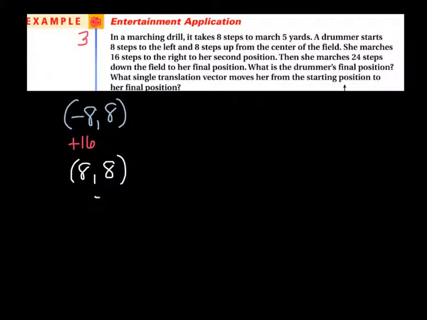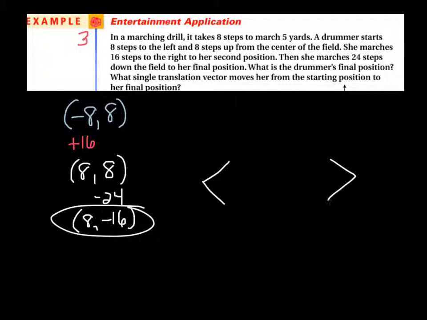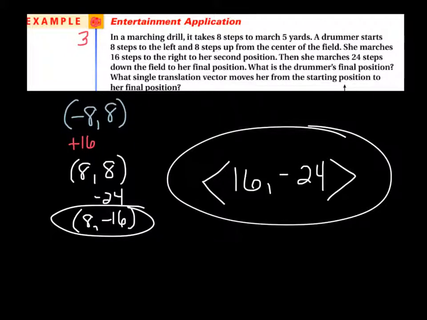That's a change in y, so we subtract 24 from the 8 in the y coordinate. That gives us her final position, which is 8, -16. The second step says to find the single translation vector that moves her from the starting point to the final position. Since she moved a horizontal change of 16 and a vertical change of -24, the vector would be 16, -24. Our vocabulary from these two sections is isometry.